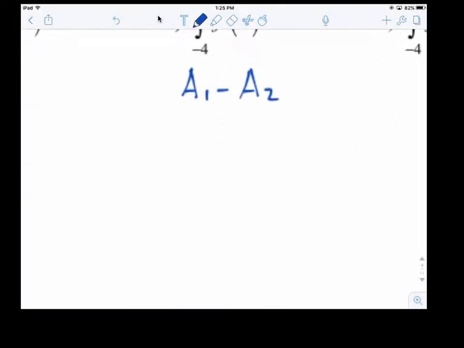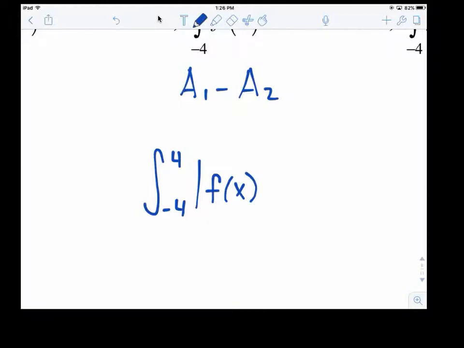All right, what if we did, say, the integral from -4 to 4 of the absolute value of x dx? What would that be? Good. This region here, since it's below the x-axis, is going to be negative. That's what we got from the first one.